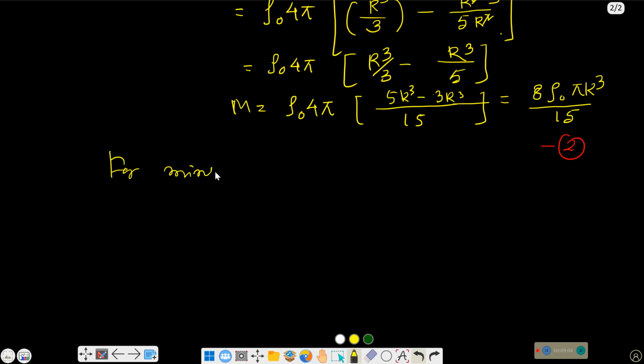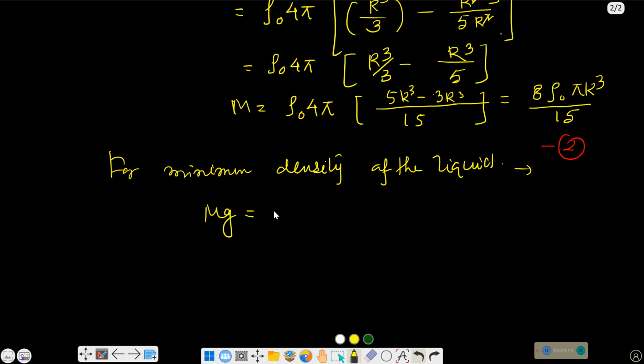Now we need to equate for the minimum density of the liquid. For the minimum density of the liquid, mg is equal to the buoyant force.